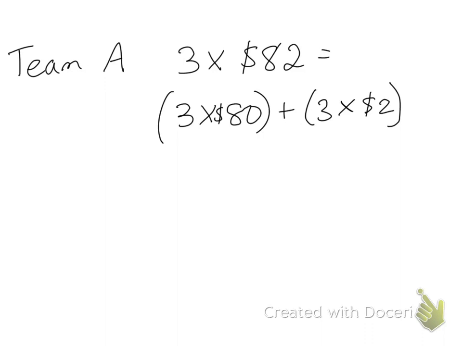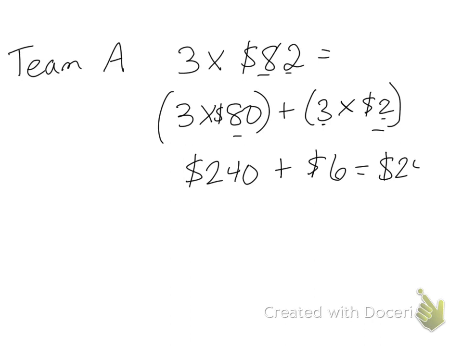We can split up the second number, the 82, into 2 pieces. So 3 groups of 80 is 240, plus 3 groups of 2 is 6. So 240 plus 6 is $246.